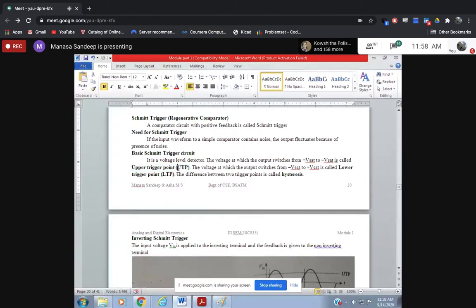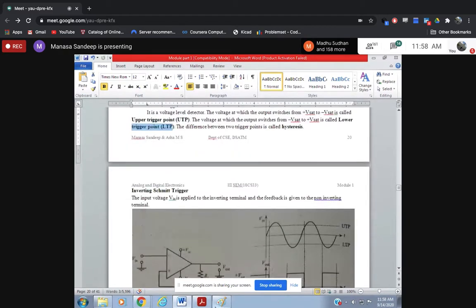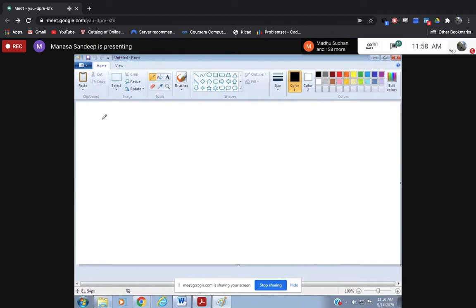They will ask this in your lab viva question. UTP stands for what? Remember, it is upper trigger point or upper trip point. And LTP is lower trip point or lower trigger point. Here we have basically two types of Smith trigger.